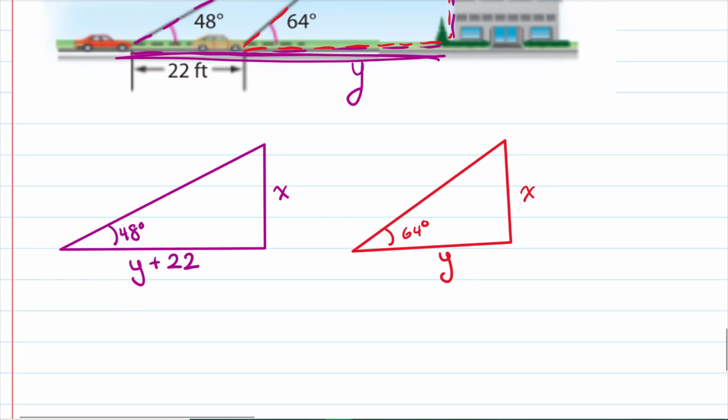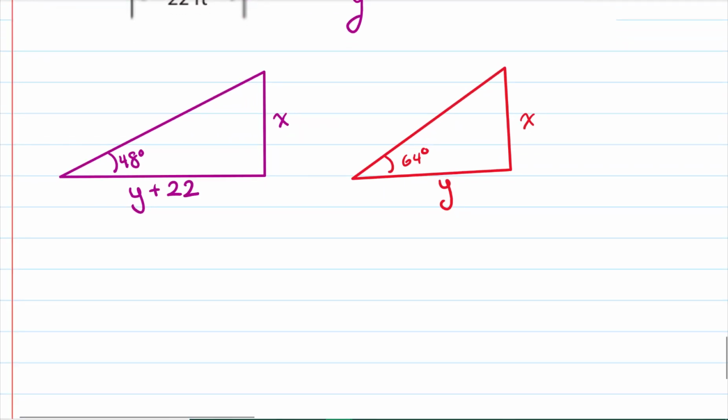So now I can set up two trig equations to represent these triangles. I get tangent of 48 degrees is equal to opposite x divided by adjacent y plus 22. And then here I get tangent of 64 is equal to opposite, so x, divided by y.